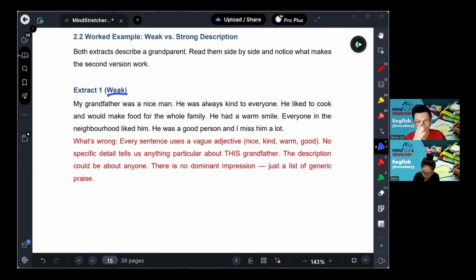It's not wrong, it's not a failure, but it's weak. My grandfather was a nice man. He was always kind to everyone. He liked to cook. Okay, this simple sentence structure. He was a good man. Very simple. Barely pass. There's nothing wrong with it, but it's not very impressive.